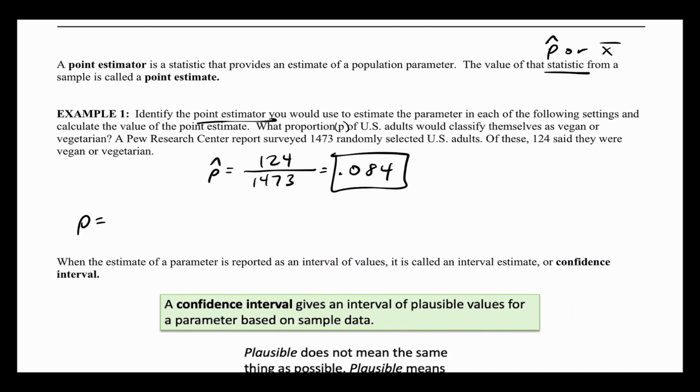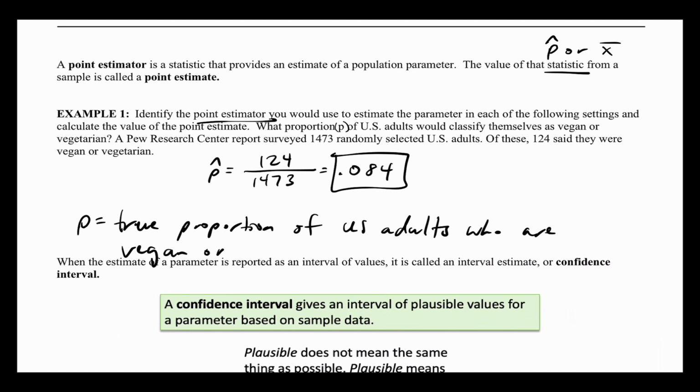The true proportion of US adults who are vegan or vegetarian. Right? That's what I mean by that population parameter.